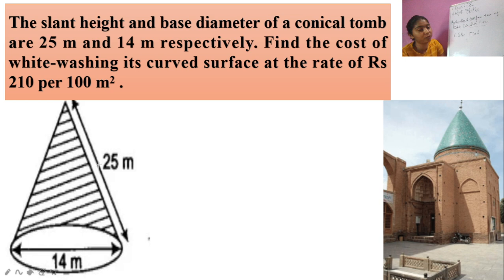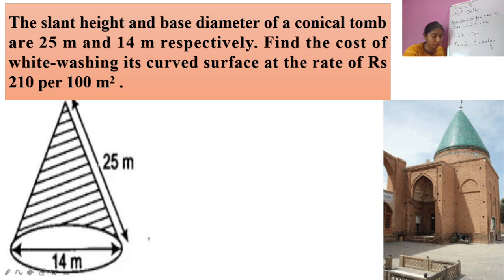Students, do you know that the diameter is double of the radius? Yes. So we will use this to find out the radius. We know the diameter, but we don't know the radius. So we will calculate the radius from here.